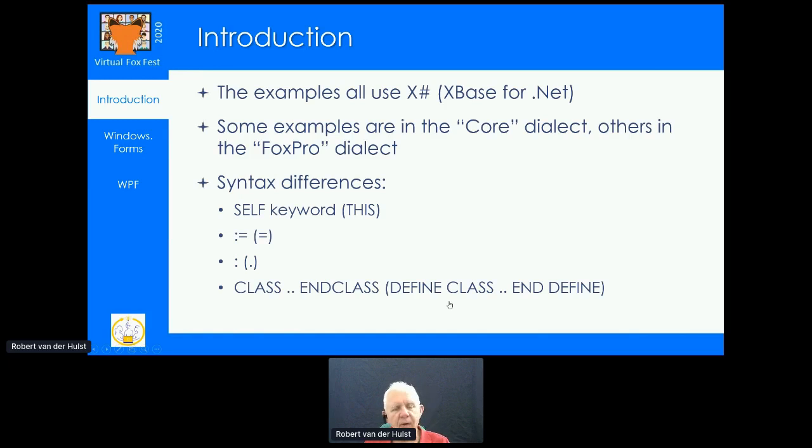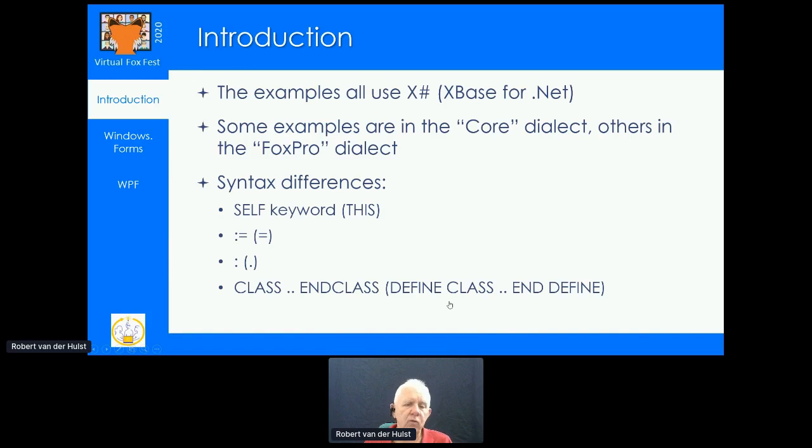Second one is that for assignments, we usually use colon equals and not a single equals. Single equals is allowed, but it is ambiguous. Because of the ambiguity, it's usually better to write colon equals so the compiler knows what to use. But you can still use single equals if you want.